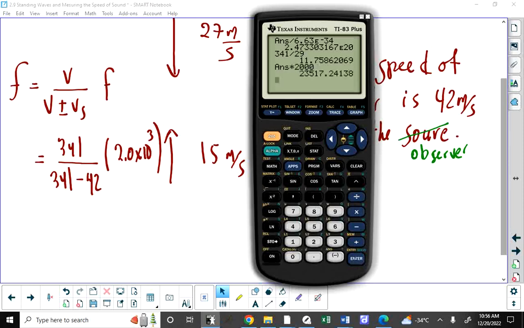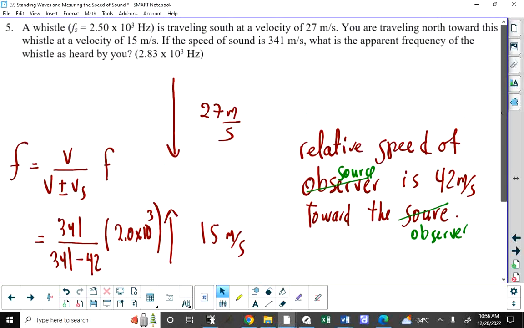I'm getting, that cannot be right. So I am getting 2281 hertz. If the decimal's off a bit, is that a concern?